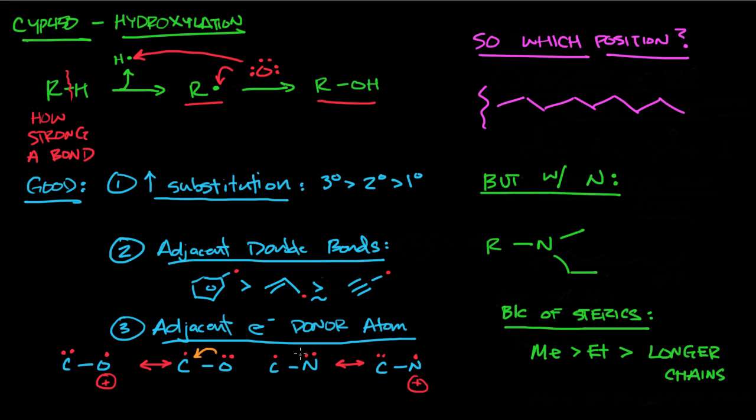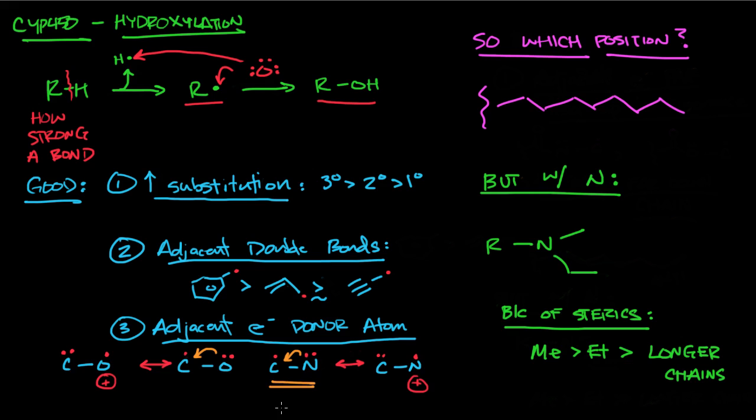From here, you're going to have a positive nitrogen or a positive oxygen. The nitrogen prefers to be positive. Since the nitrogen prefers to be positive, N tends to be better than O in terms of activating a carbon for hydroxylation.